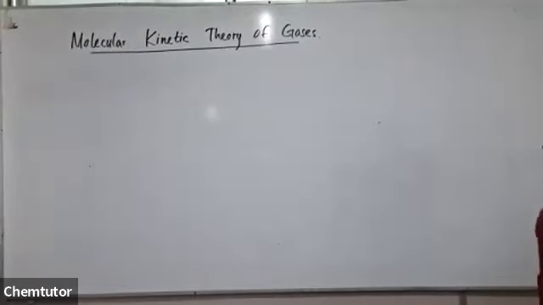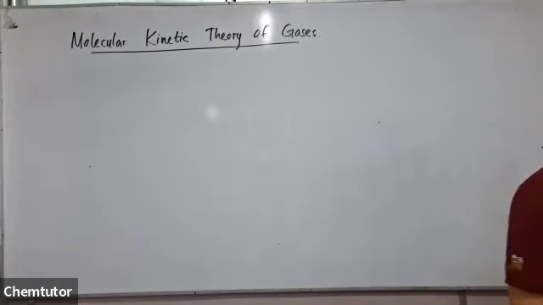Right. Now, what are the assumptions that we have taken under the ideal gas equation? How do the gases act ideally? We learned that the gas particles are unit masses with no intermolecular forces between each other.